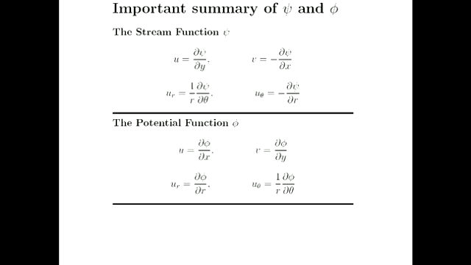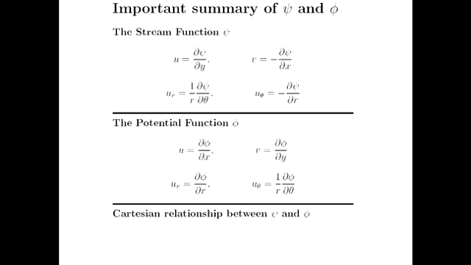I've also given you definitions for those in terms of cylindrical polar coordinates. For the stream function, I showed you how we get to that cylindrical polar definition. You should be able to follow that same methodology to reassure yourselves of the cylindrical polar definition for the potential function also.